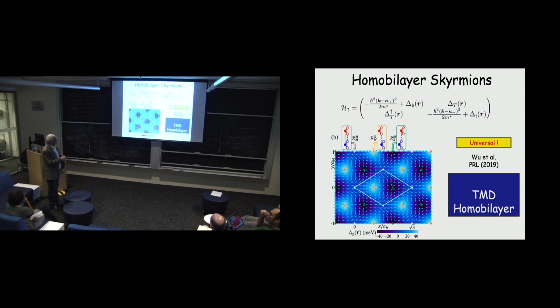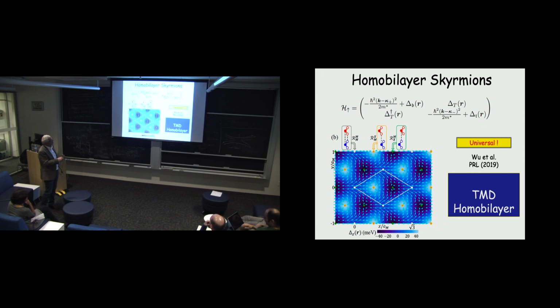This is the case where you have two semiconductors that are identical, so the states at the top of their valence band have the same energy. There's a potential energy in one layer, B here is bottom layer, and a potential energy in another layer, T is top layer. This is just the valence band energy, minus momentum squared going away from the top of the valence band, and the two layers are rotated relative to each other, so their momentum spaces are rotated relative to each other.